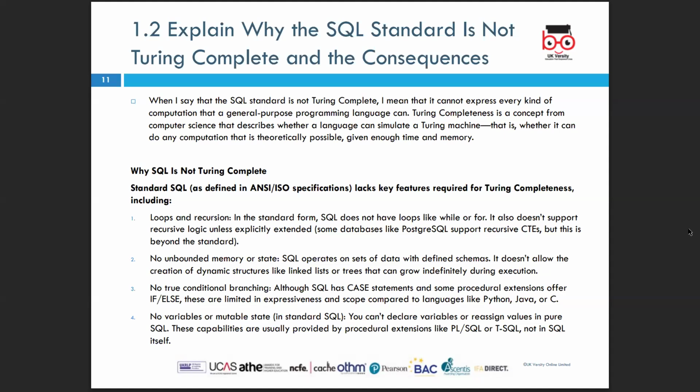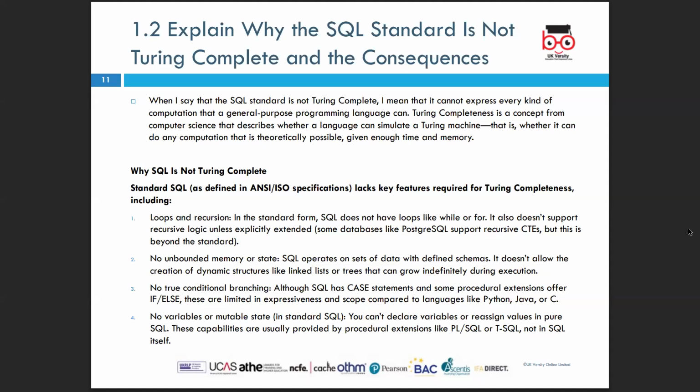So now we're going to explain why standard SQL is not Turing complete and what the consequences are. So why is SQL not Turing complete? Standard SQL, as defined in the ANSI ISO specification, lacks key features required for Turing completeness, which include loops and recursion.